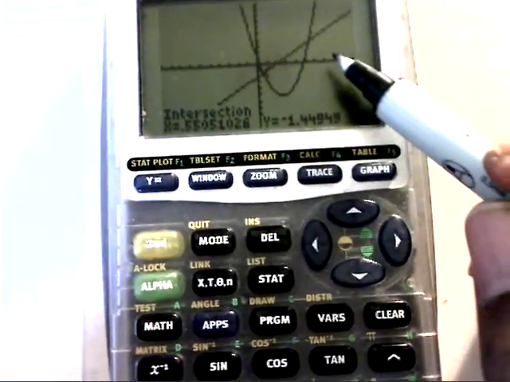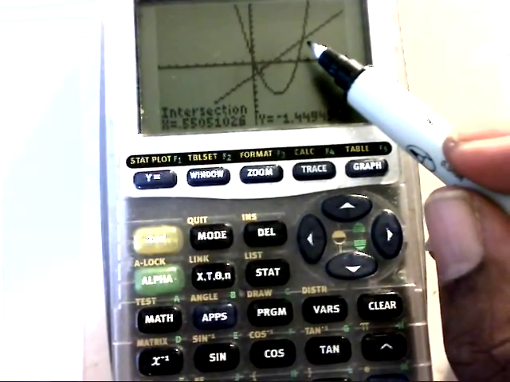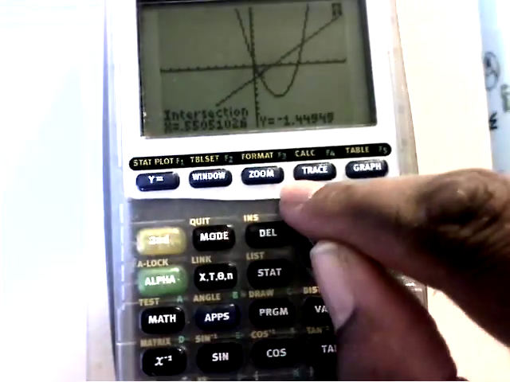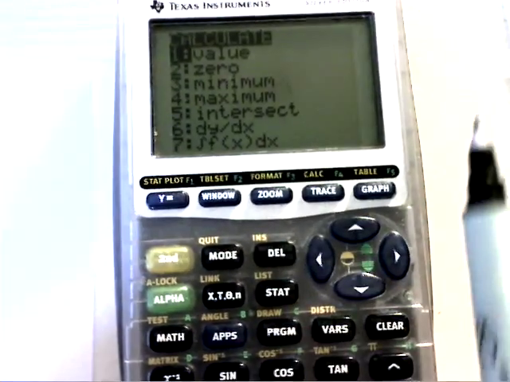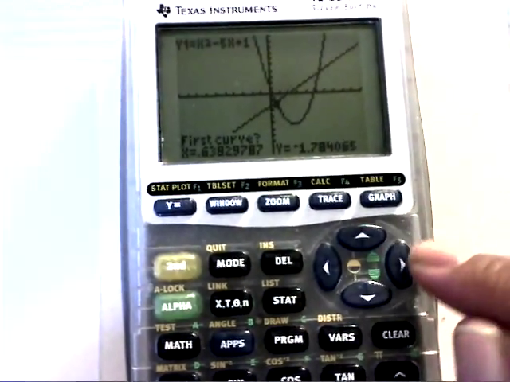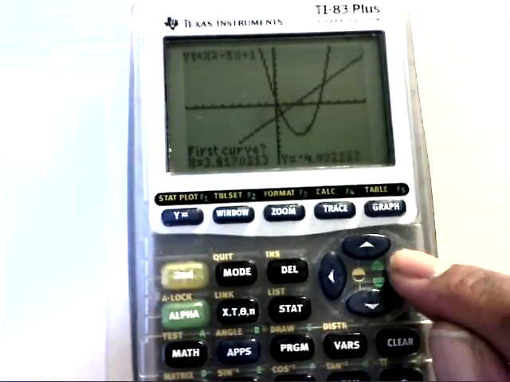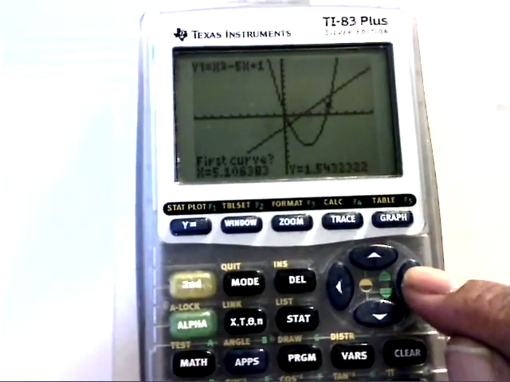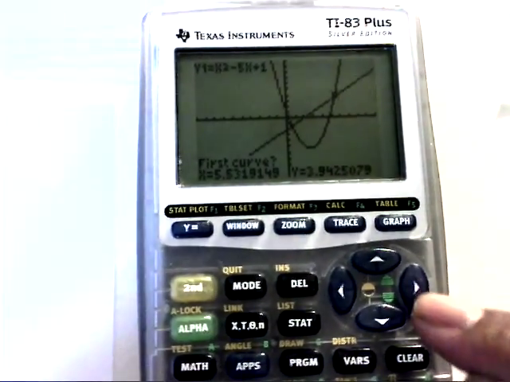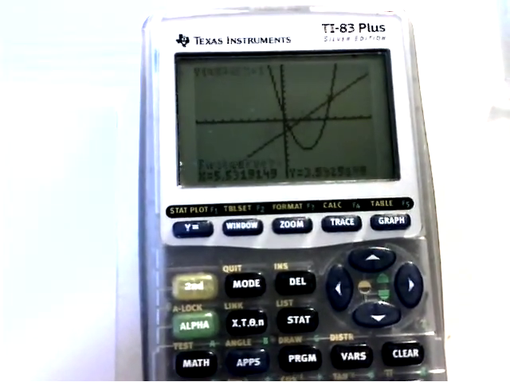Okay, now we're going to find the other point of intersection, which is right up here. So here we're going to press second and then trace. Then number 5. Then use your right arrow key to position the cursor close to that second point of intersection. And then press enter.